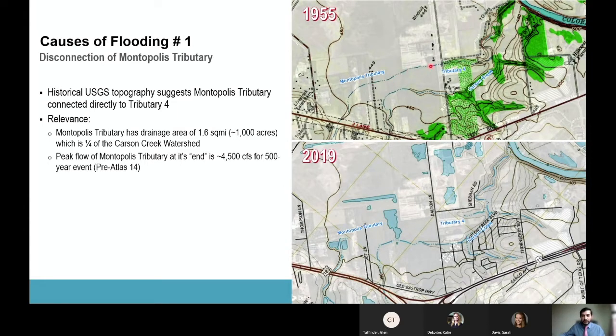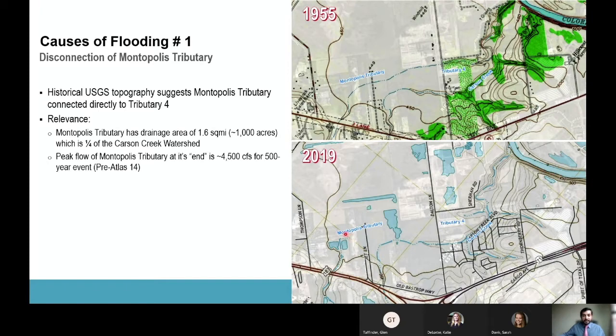It keeps going and then continues here. On the bottom picture, that is what we are calling tributary 4. Montapolis Strip comes here and just disappears. There is no channel that carries this flow.